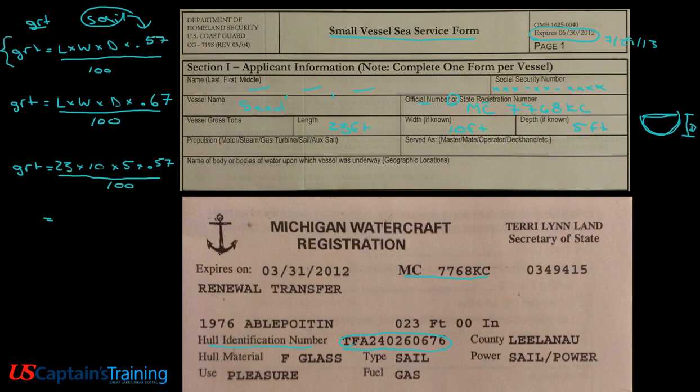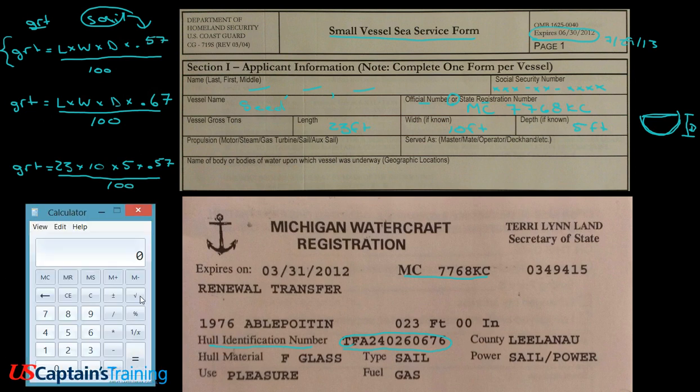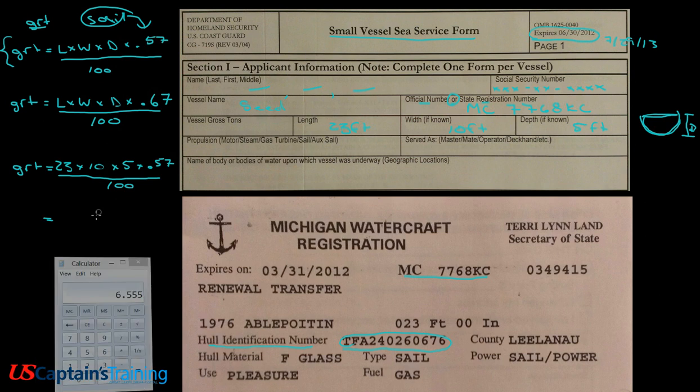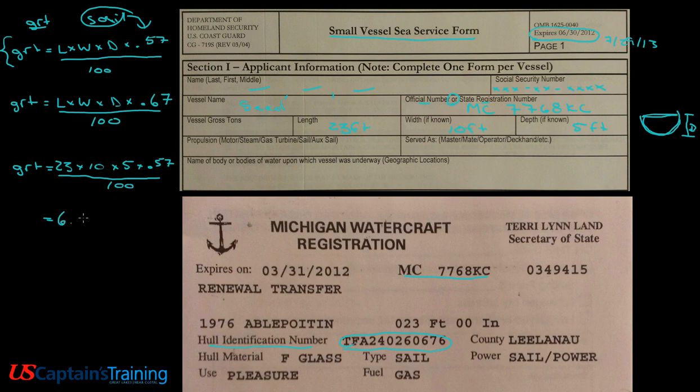And when we break out the trusty calculator, 23 times 10 times 5 times 0.57, divided by 100, equals 6.55 gross tons. So this vessel equals 6.6 gross tons, and that's what we will put in vessel gross tons: 6.6 GRT, gross registered tons.